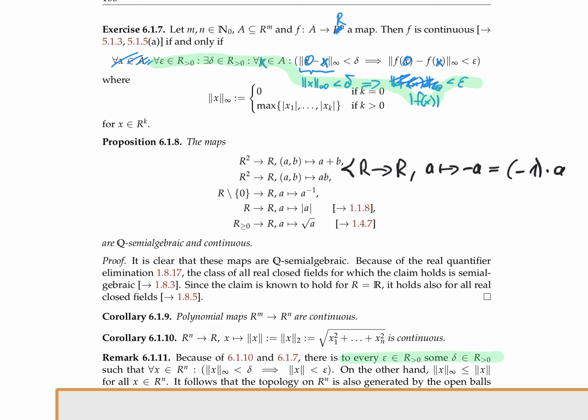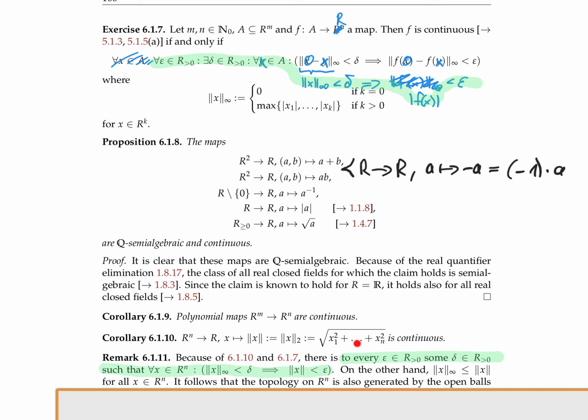to every epsilon there is some delta such that for all x in R^n, if the infinity norm of x is smaller than delta, then the norm of x is smaller than epsilon.